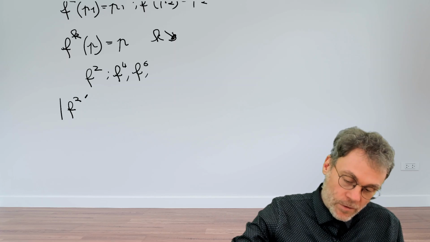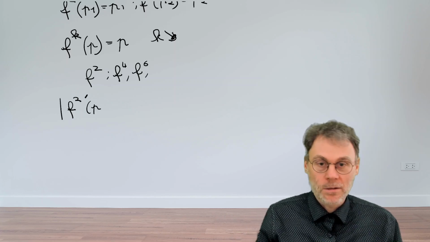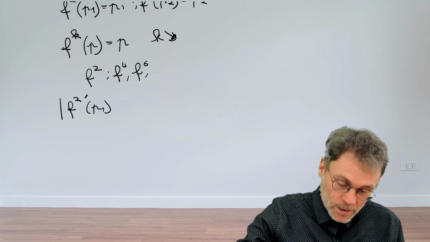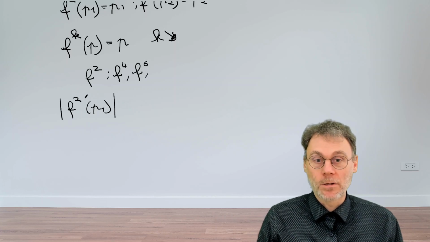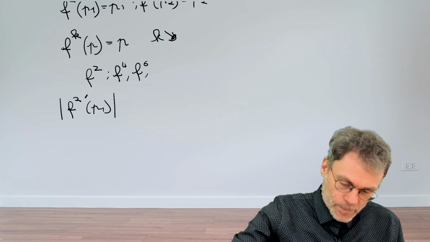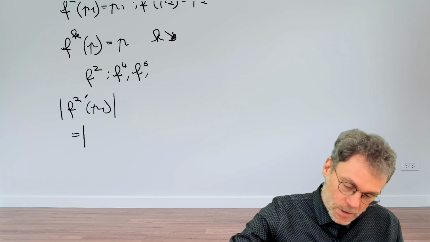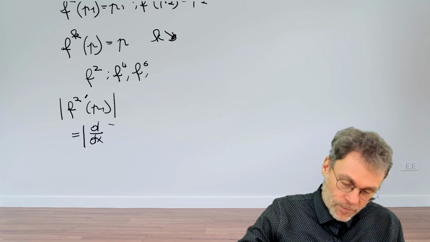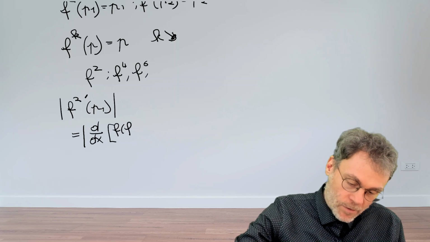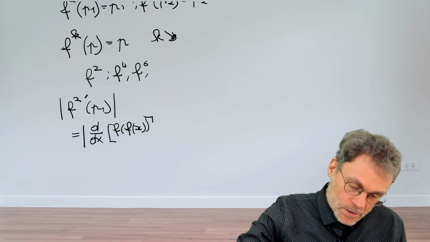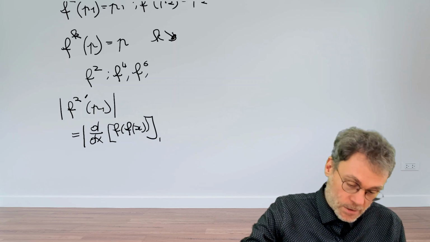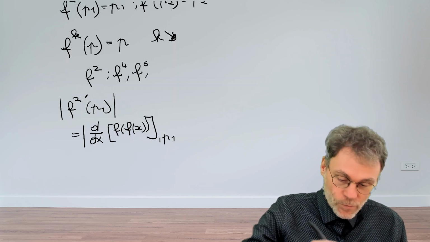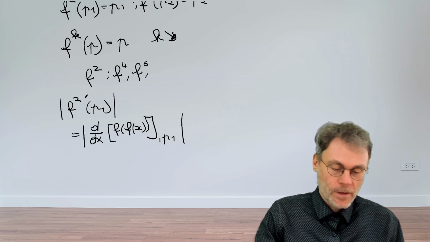So we take the derivative of that map, we evaluate that in, for example, P1, and we look at the magnitude. So just to expand this a little bit, this is of course the derivative d/dx of the map f applied twice, so f(f(x)), and then we evaluate that, for example, at P1, and we take the magnitude.